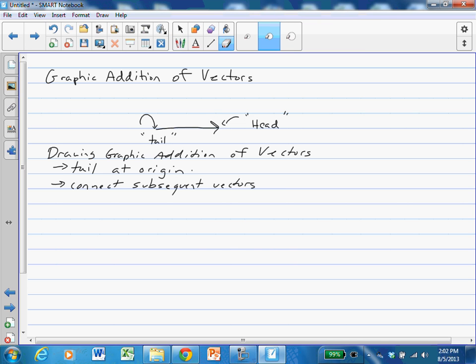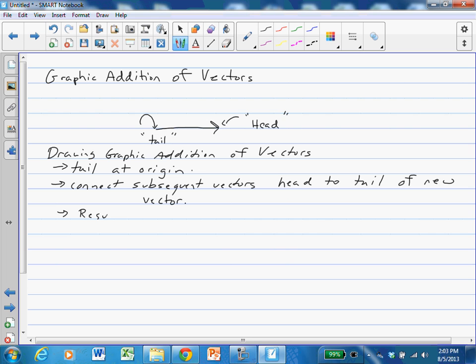Head to tail of new vector. Resultant is the vector from the origin to head of last vector.